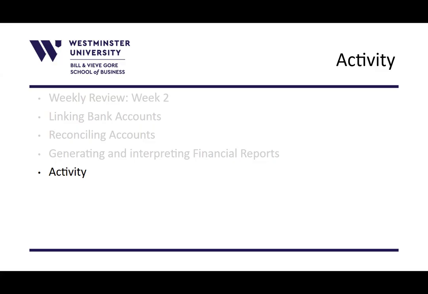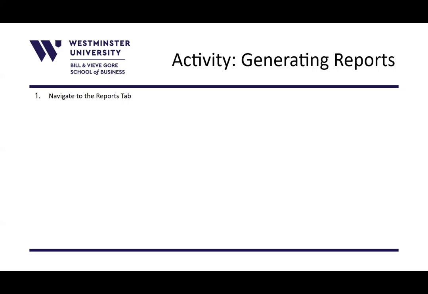To wrap up this section, we will work on an activity to put what you have learned into practice. The goal of this activity is to familiarize yourself with generating and customizing reports in QuickBooks. Your task will be to create a profit and loss report following all the steps I showed you before.